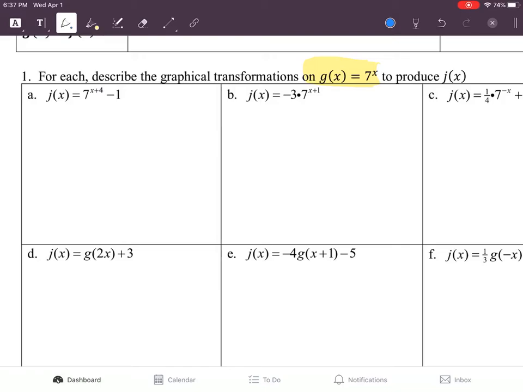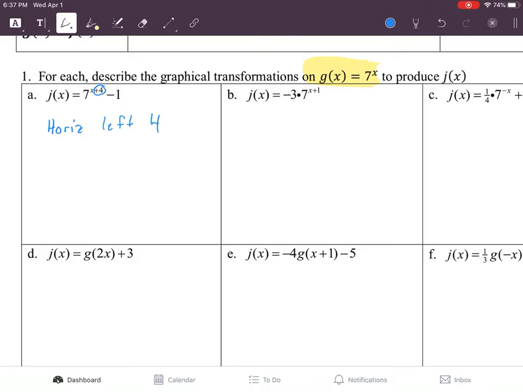For the first one, we have a horizontal shift. Horizontally, it's going to go to the left by 4.